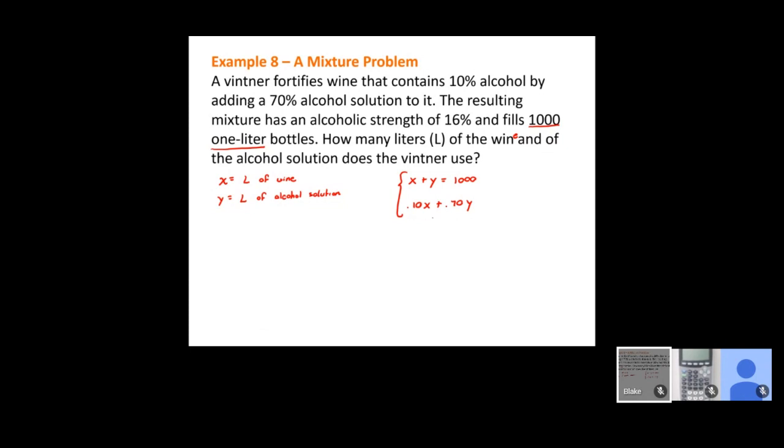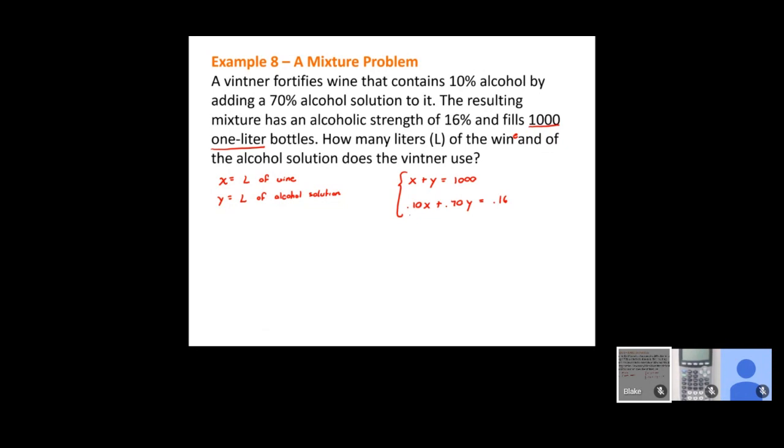That gives us the concentration of alcohol once we combine these two things. So what do you think we're going to set this equal to then? Okay, good. 16. So I'm going to write this as 16% because that's the total concentration that I want to end up with.